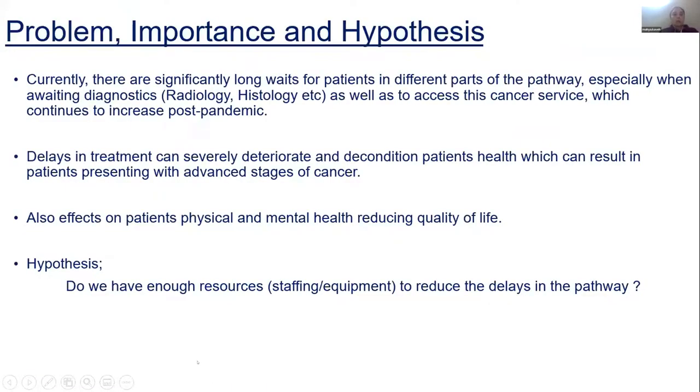So we want to go through these problems and hypotheses. As you could see, if we are not treating our cancer patients, it affects the outcome of the patients. If their treatment is delayed, it affects their health, specifically mental and physical, and sometimes it reduces quality of life, and it affects their mortality rate.